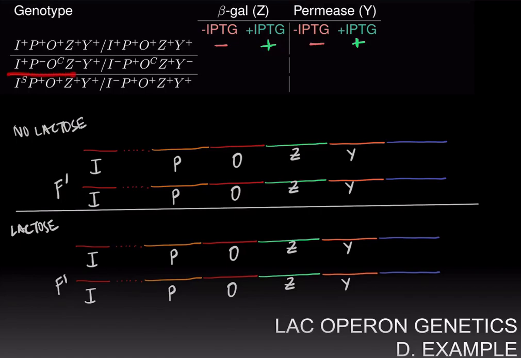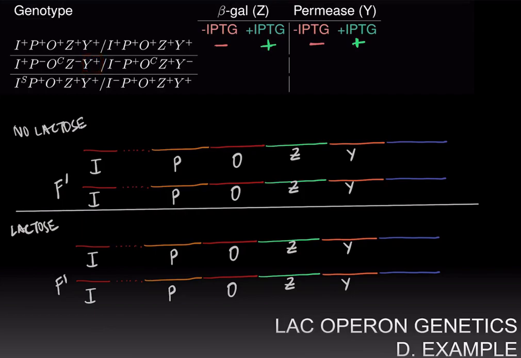Let's look at this first allele, which is Z minus Y plus. And this allele will obviously not have any beta-gal expression because of the Z minus allele. So the only protein this allele can express is permease.